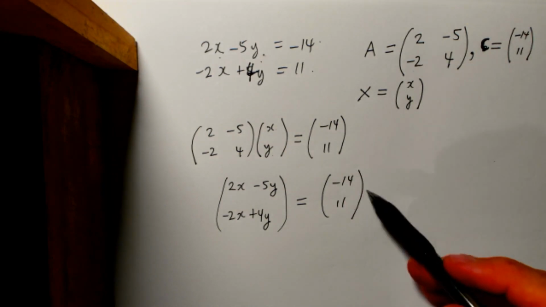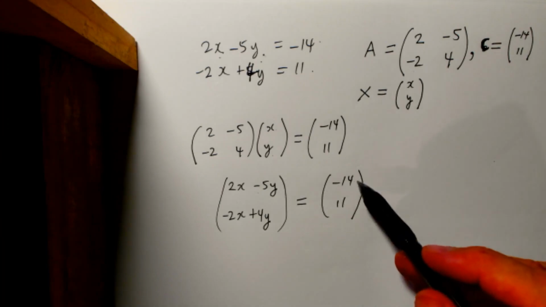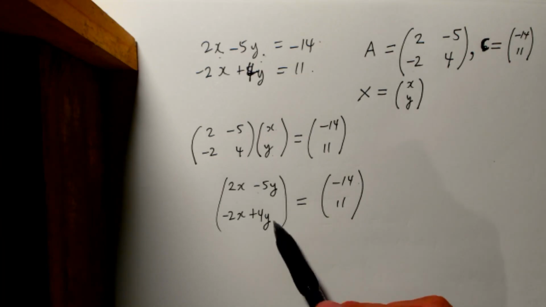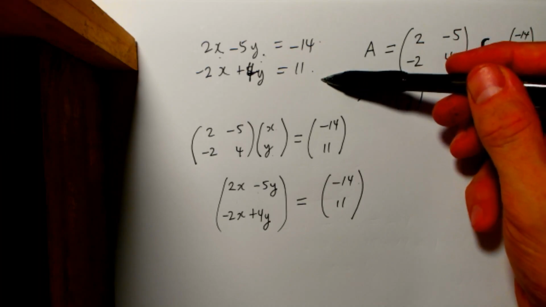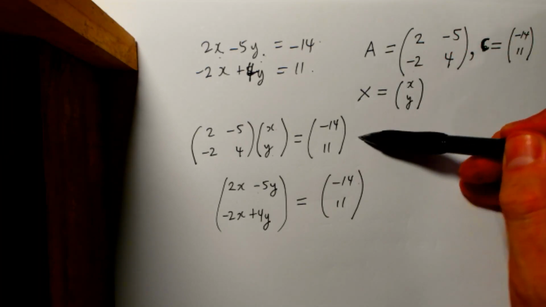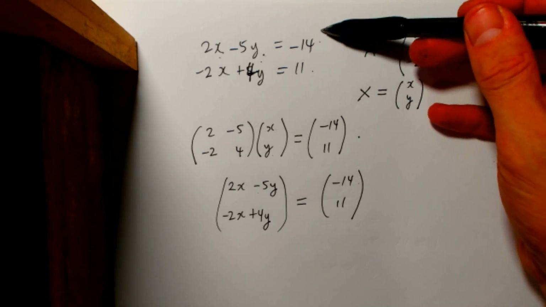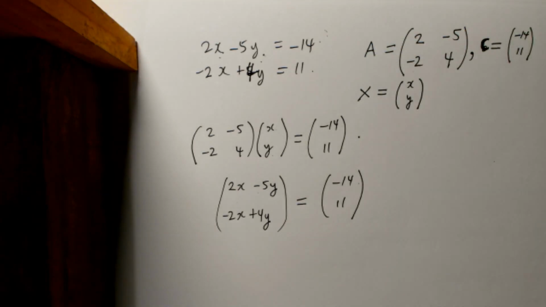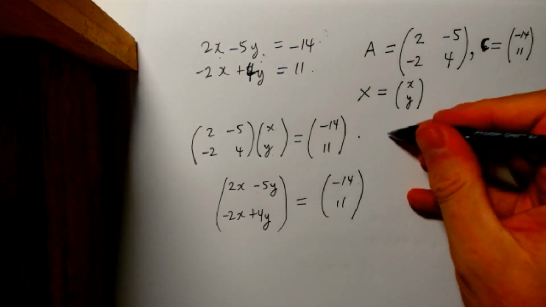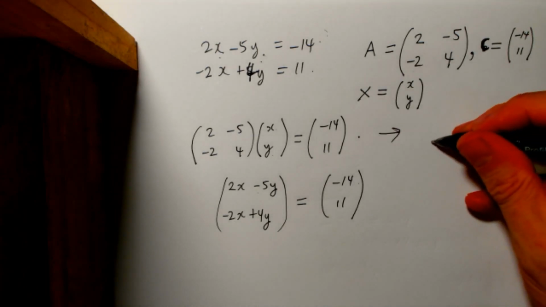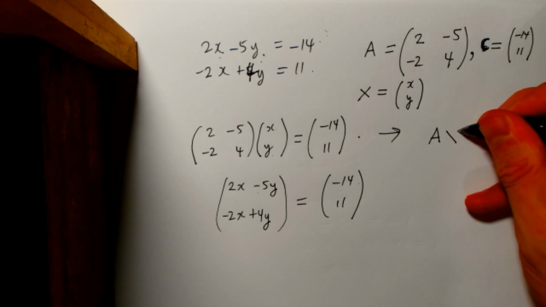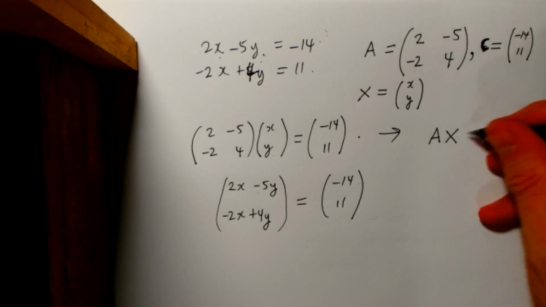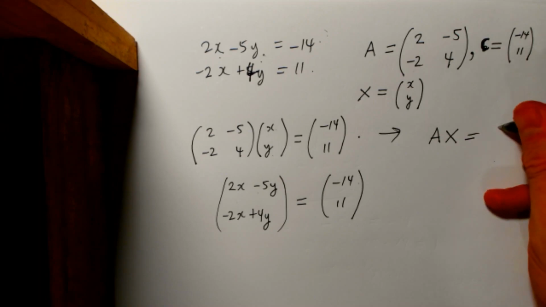And so you can see when we match the entries in each of these matrices, we get each of these equations. So this matrix equation agrees with this pair of scalar equations. Now we can write this as one single matrix equation because we've already set out these letters, and that says AX equals C.